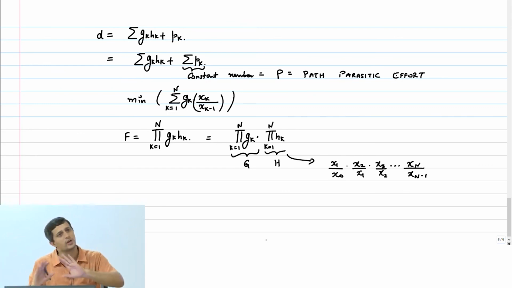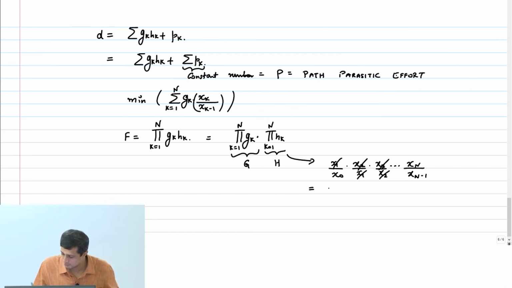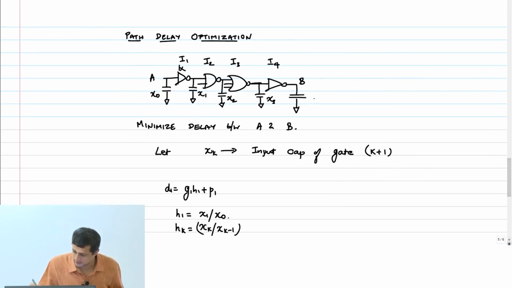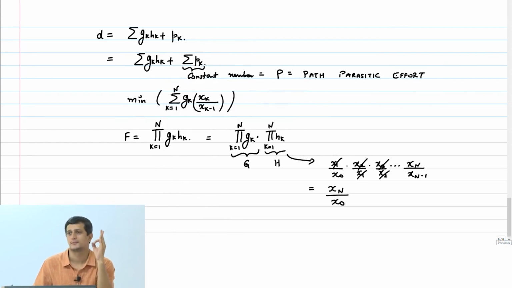All the variables in between are gone. I can just keep cancelling like this, and you will simply get xn by x naught. And what is xn? It is basically my final load capacitance by input capacitance. Clear?